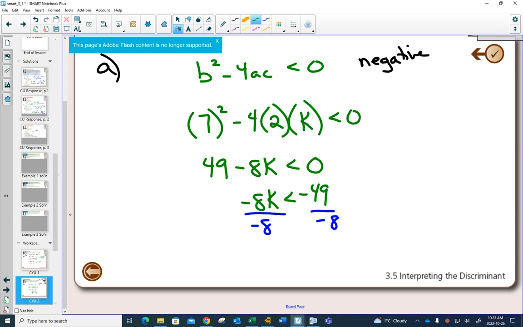And this is the one place that inequalities have a special rule. Do you remember the special rule? Here's the special rule that you've forgotten.